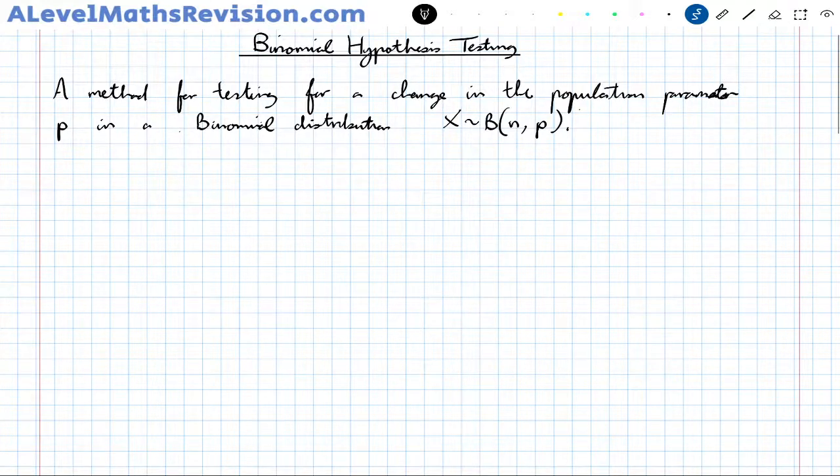However, some of the lies could be a little bit more subtle. Some of them could be almost believable. So in such circumstances, where the lies are almost believable, maybe pushing the truth a little bit, we're maybe not so confident on calling someone out on lying. And that's what binomial hypothesis testing does. It gives us a way of calling out with a certain degree of certainty whether somebody is lying or not.